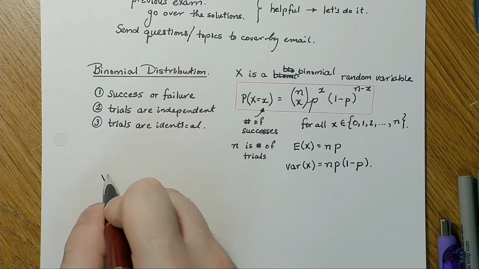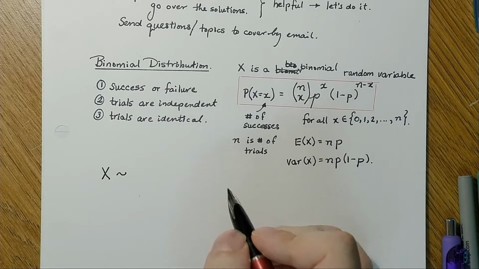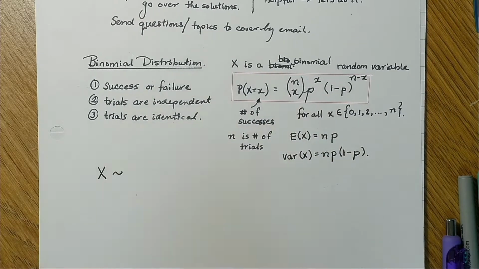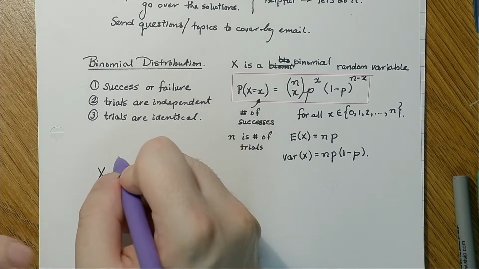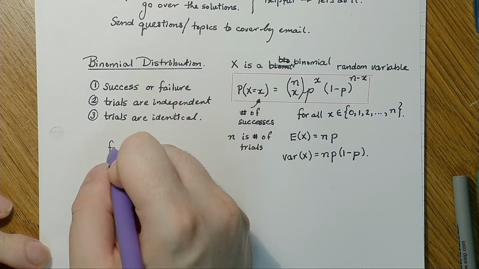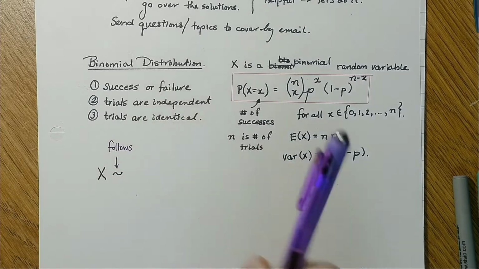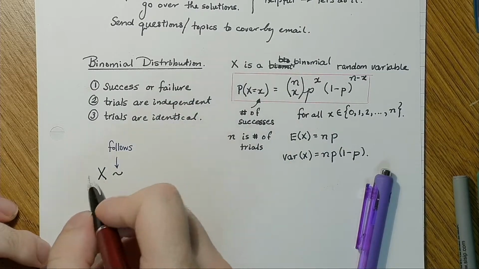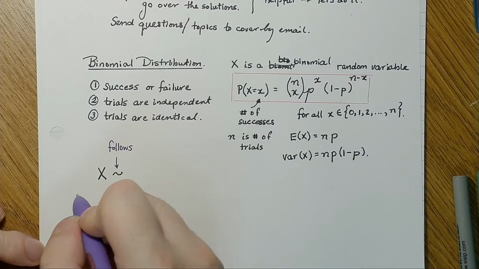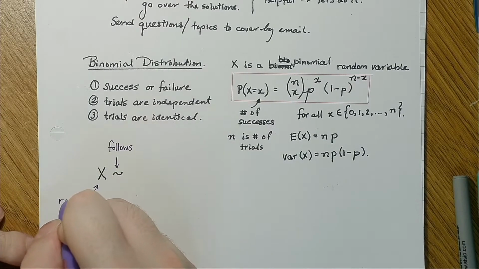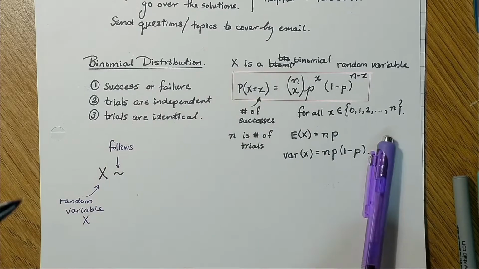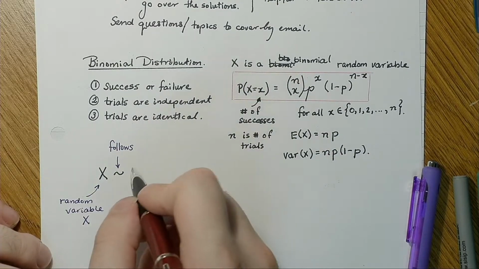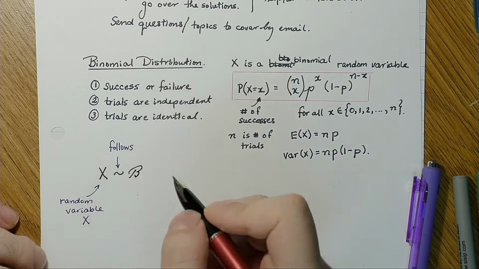So we can say that x follows a binomial distribution, and we have a shorthand for this. So x is a random variable, it follows, and we use a b to stand for binomial.